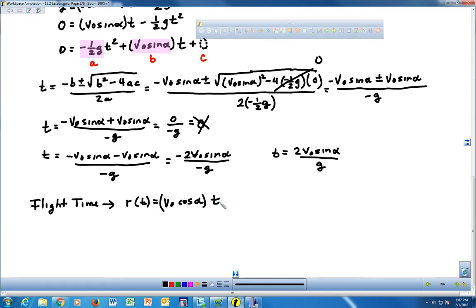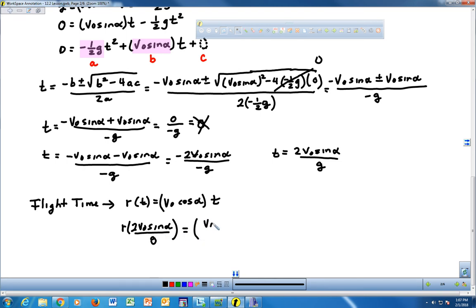Okay, but we want to find the position when the time when it hits the ground, right? So that's going to be when the time is equal to twice the initial velocity sine of alpha divided by the gravity, right? I want to find that position.